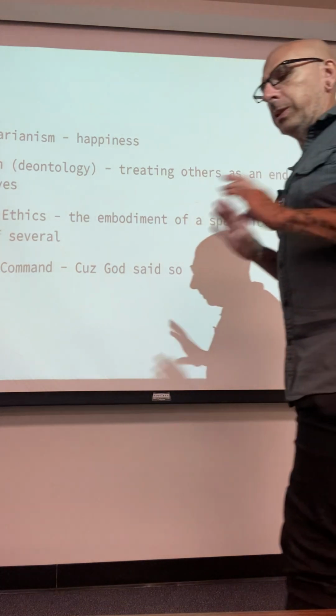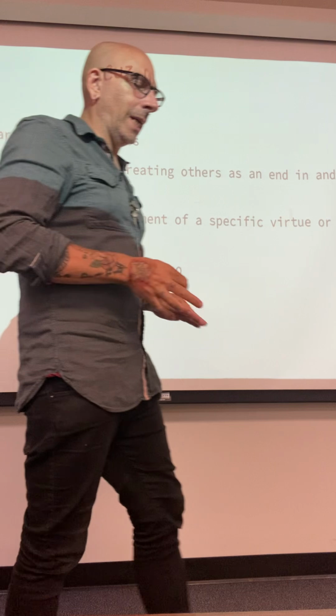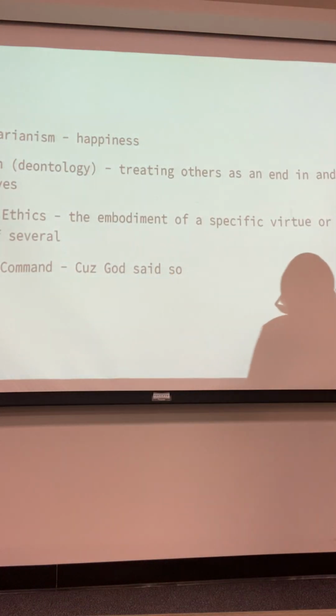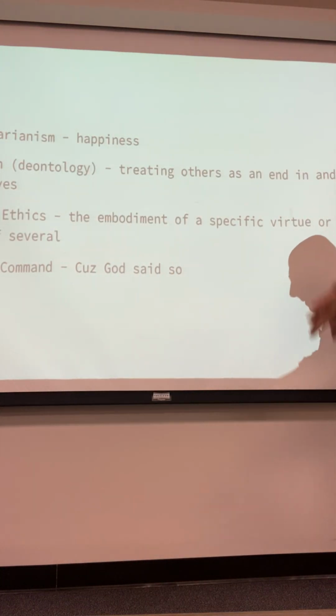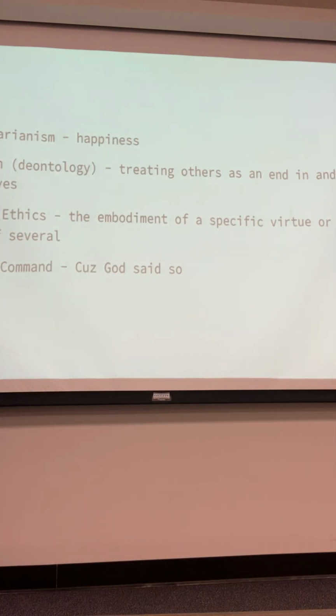It's a complete oversimplification, and in fact, divine command could embody all of these. But the idea is that God commands people to act in a certain way, and that is the reason why individuals should act in that particular way, because God says so.